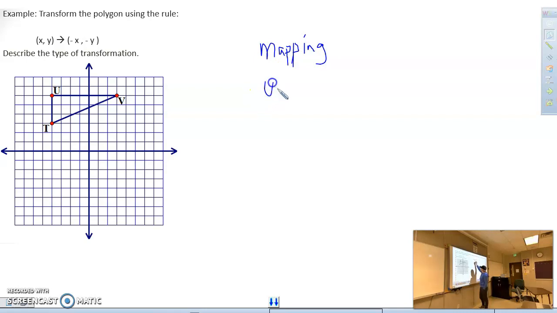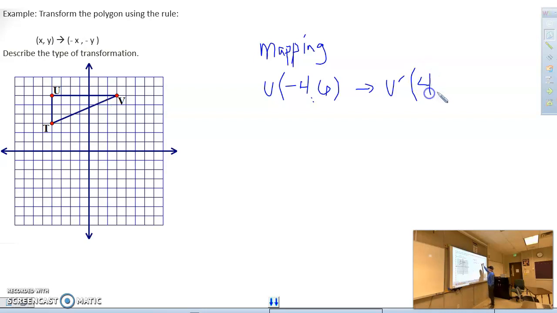Okay, so if U, the original U, is at negative 4, 6, that would map to U prime. Using this rule, negative x, negative y, all you do is change the signs.